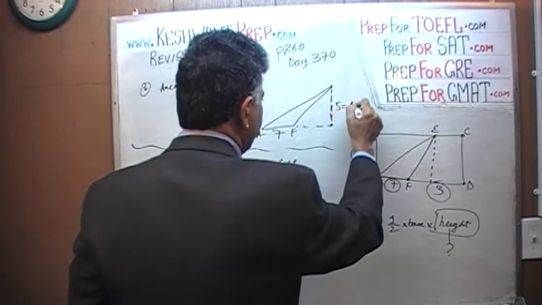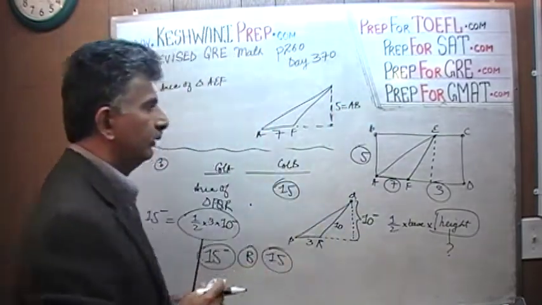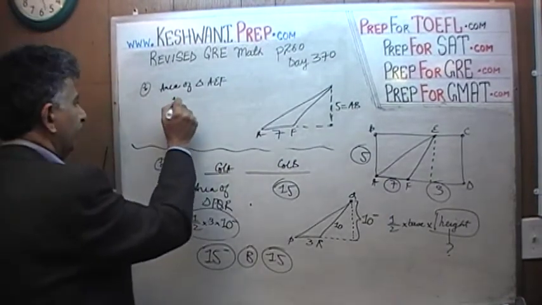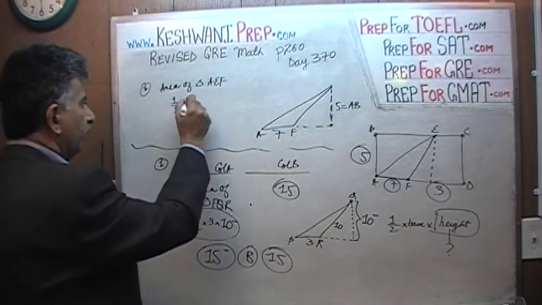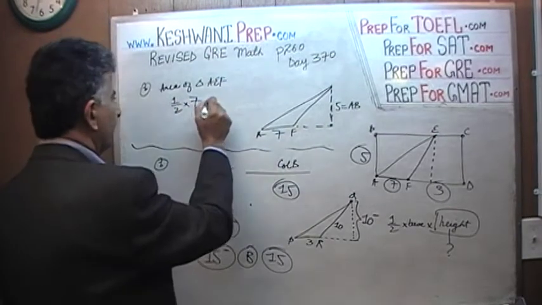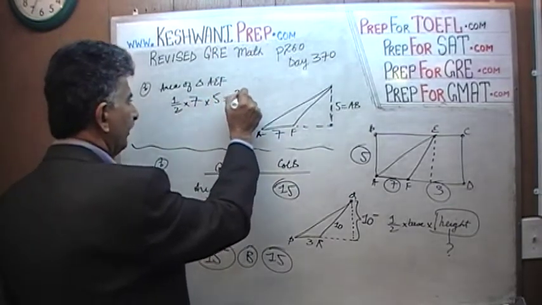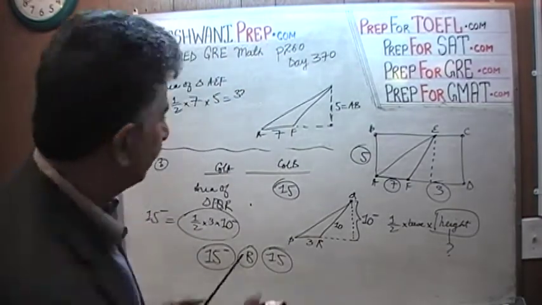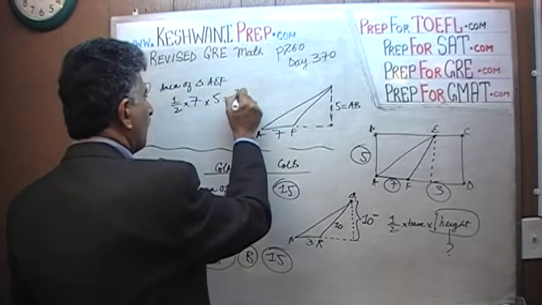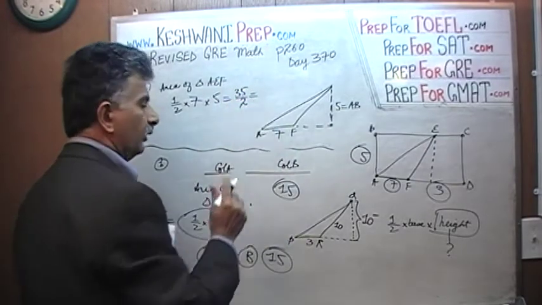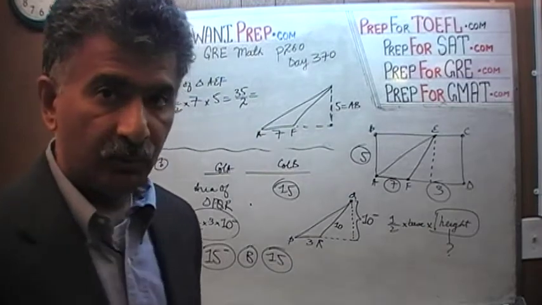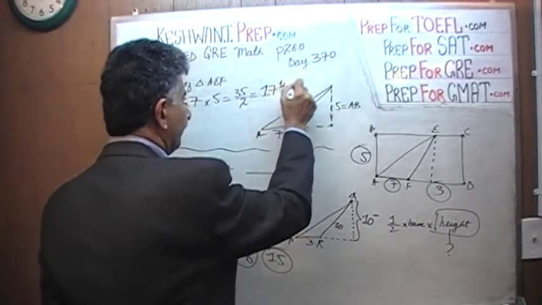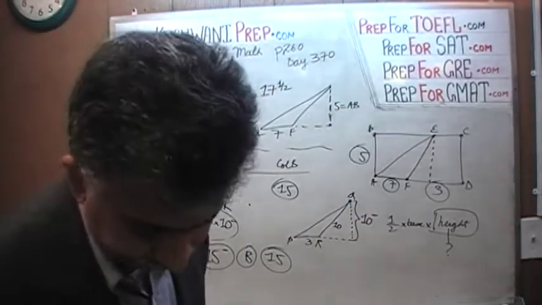So it's 1/2 base, which is 7, times the height, which we know is 5. So it's 35 over 2. The answer is 35 over 2. Or if you like, we know 34 divided by 2 is 17, so 35 over 2 is going to be 17 and a half. That's it, that was part 2.